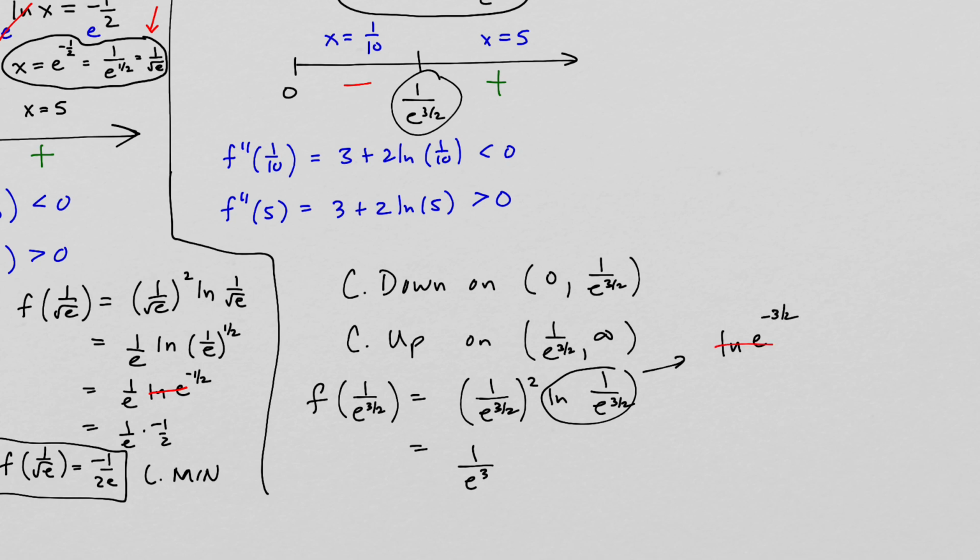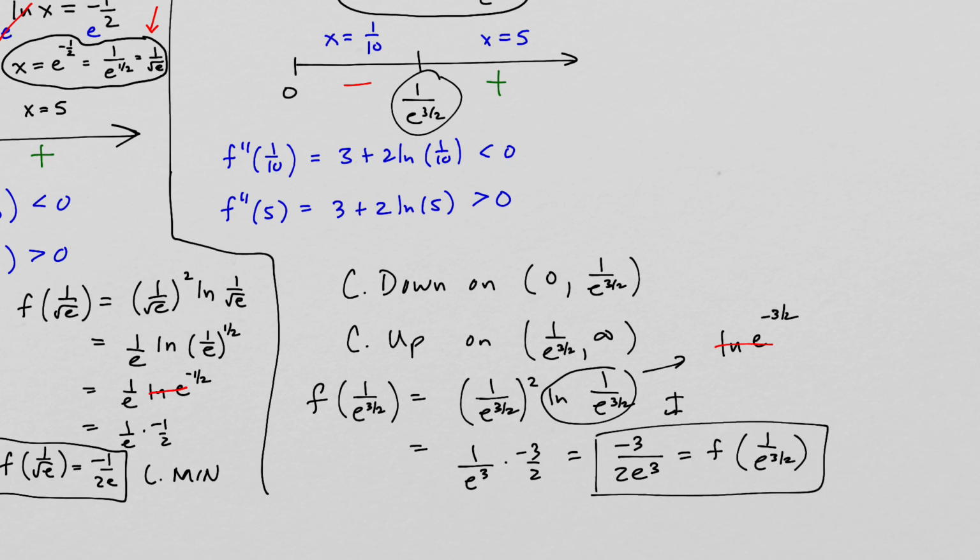And so that cancels, and you just get times negative 3/2. And so this is negative 3 over 2e cubed. And this is our inflection point. So once again, numbers here are not our favorite numbers, I'm pretty sure. And we gain an appreciation for the simpler examples by doing a more complicated one like this.